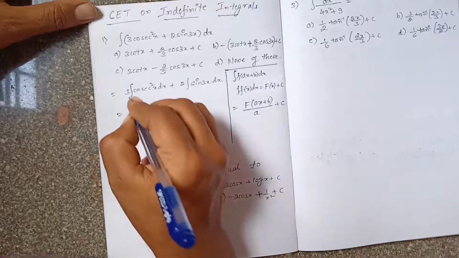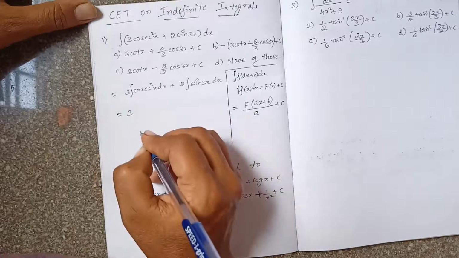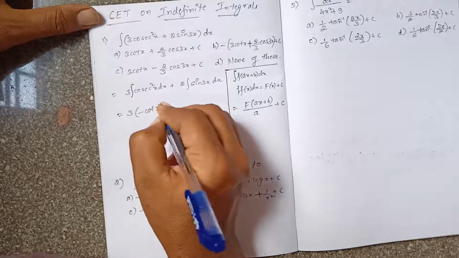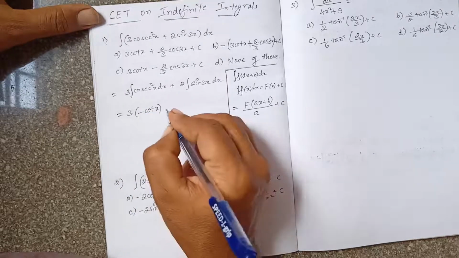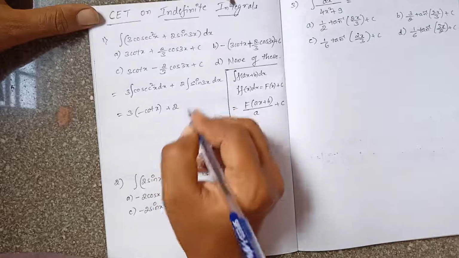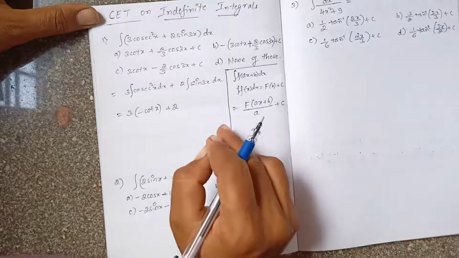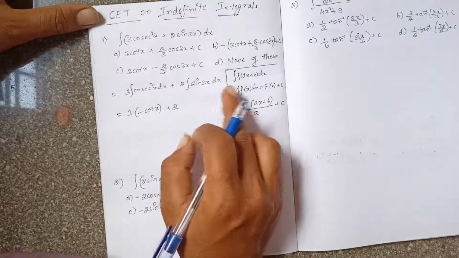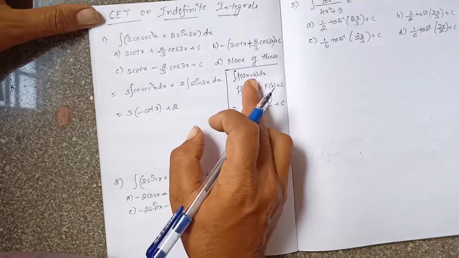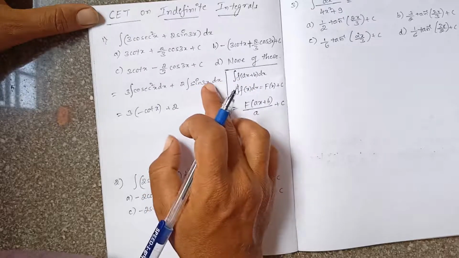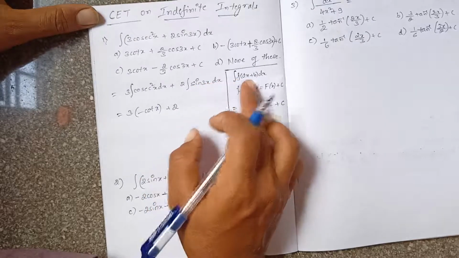Here the same question is there. 3 into, what is integration of cosecant square x? Integration of cosecant square x is minus cot x, according to the direct formula. Plus 2 into, what is integration of sine? Integration of sine is minus cos. But here 3x is there. It is according to the function f of ax plus b, f in the sense function sine. ax plus b is nothing but 3x plus 0, b value is 0.